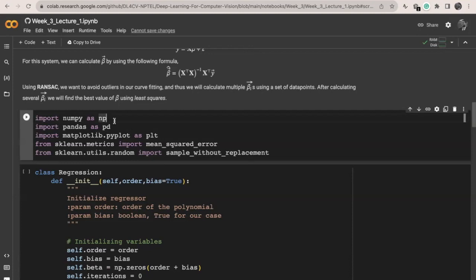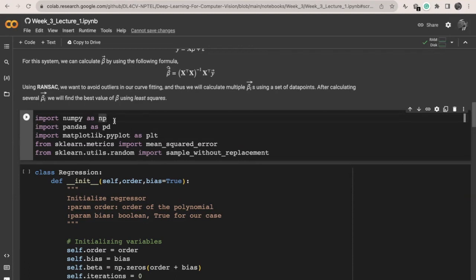And scikit-learn is basically a machine learning library that has a lot of machine learning algorithms as well as error metrics and many things related to machine learning, and we will be using it for the mean square error and sample without replacement.